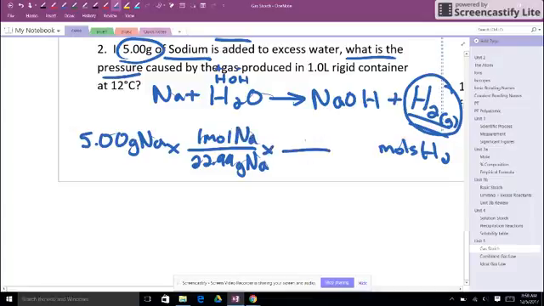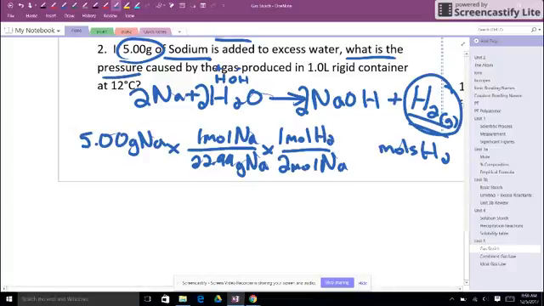Whoop, I think we need balanced equation ratios. We never balanced this. Let's go ahead and do that. Na, H2, H2. Oh, there's 3 of them. We need to get an even number here. So now we have 4 H's on this side, 4 H's on this side, 2 sodiums. Okay, now it's balanced. Now we can use balanced equation ratios. So it looks like for every 2 moles of sodium, we're going to produce 1 mole of hydrogen gas.